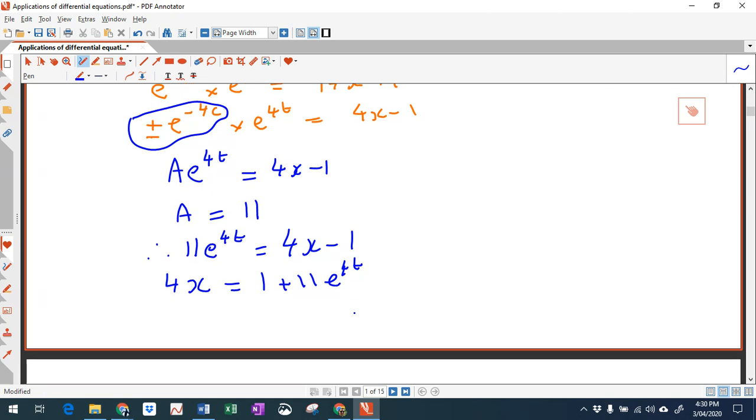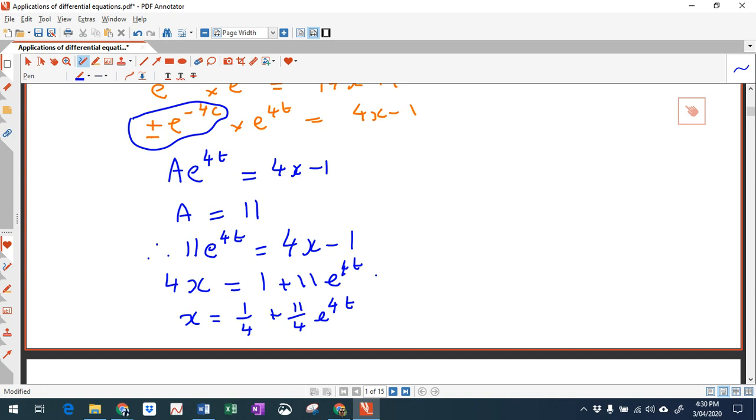So x equals a quarter plus 11 on 4 e to the 4t. So there's our displacement equation, which is exactly what we wanted. We found that in exact form.